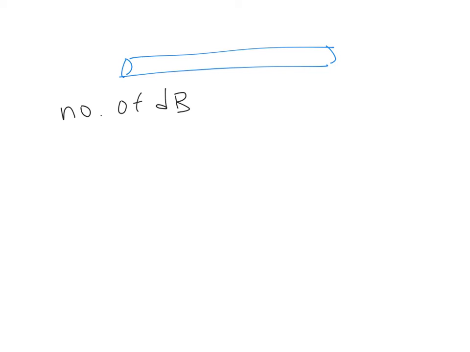Then there's another term called attenuation per unit length. In every type of cable, for example, we have learned about 3 types of cables, right? The wire pair, the coaxial cable, and the optic fiber. In each of them, there is a rating called attenuation per unit length. That means how much the power will drop per unit length, which is usually expressed as the number of dB per kilometer.